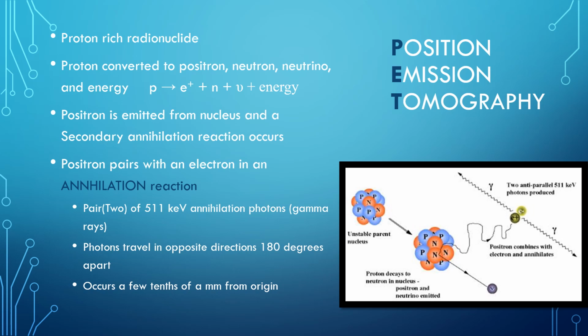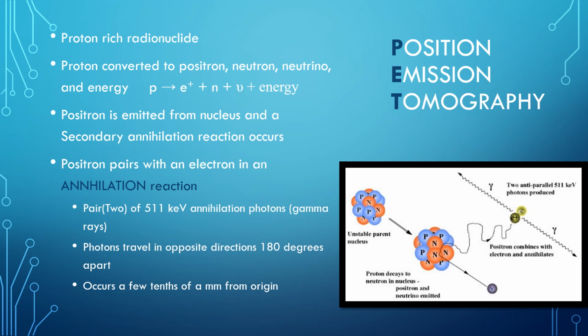The positron is emitted from the nucleus, and then it travels a little bit of distance before it runs into an electron and has a secondary annihilation reaction. With the annihilation reaction, that positron will pair with an electron, and the two 511 keV annihilation photons will result from that.